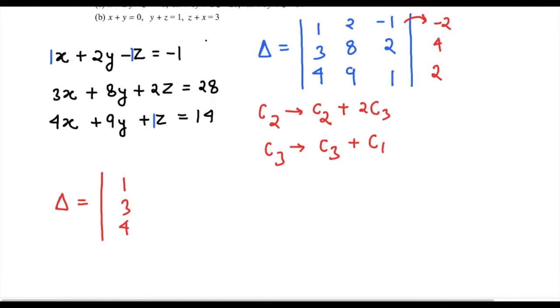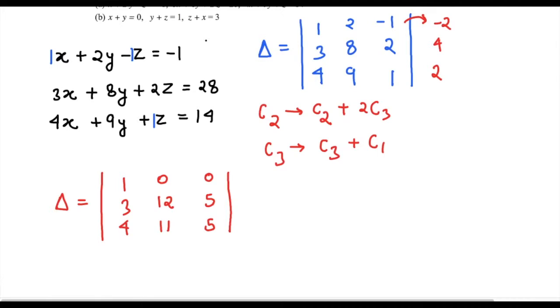Now add it: 2 and minus 2 is 0, 8 and 4 is 12, and 9 and 2 is 11. And in column number 3 I'm going to add column number 1. So minus 1 plus 1 is 0, 2 and 3 is 5, and 1 and 4 is 5.